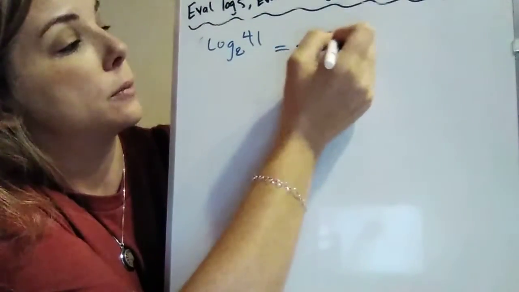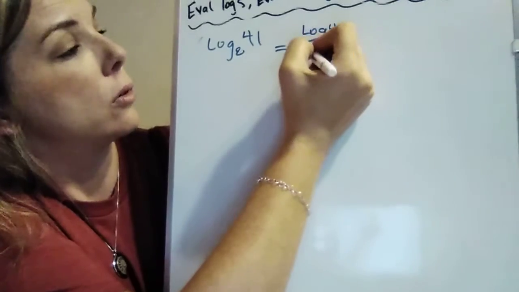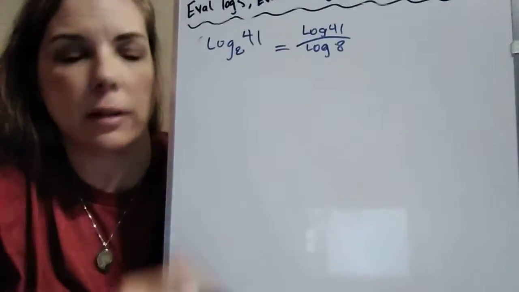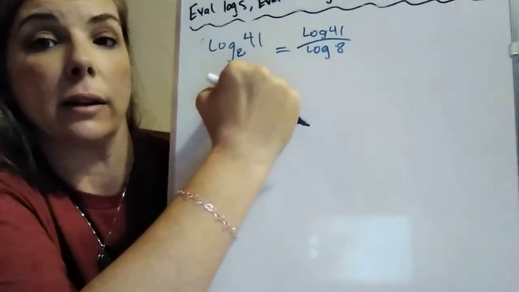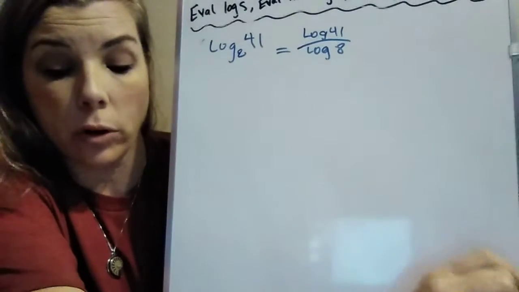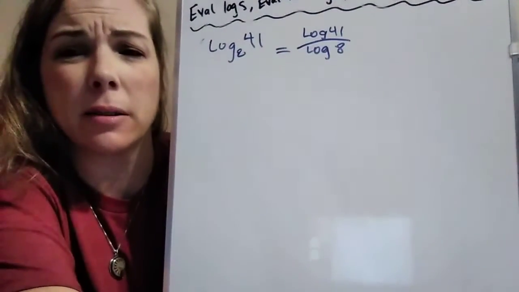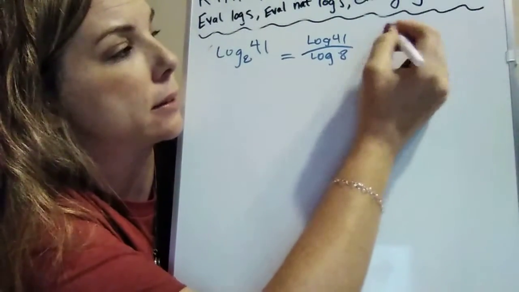So all you're going to do, oh, it's a division bar, log 41 over log 8. That's your answer. All you're doing is moving things around. So you're going to take the log of the outside number over the log of that little number right there. Okay, and in order to do that, you need to use some special buttons that are in IXL. The fraction button looks like this.